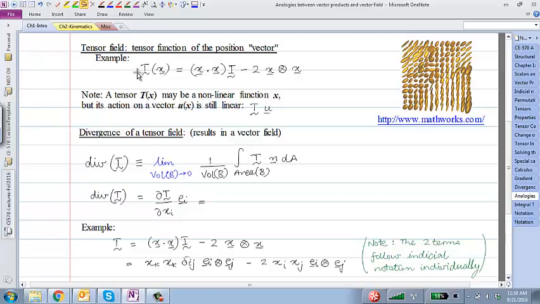Okay, so here's an example of a particular tensor field. This tensor field is a function of x. So if you change x, the tensor at that point will change. We are defining it as some scalar, which is x dot x, which is just that if you start from the origin and go to some point, that's the square of the magnitude of that position vector at that point.